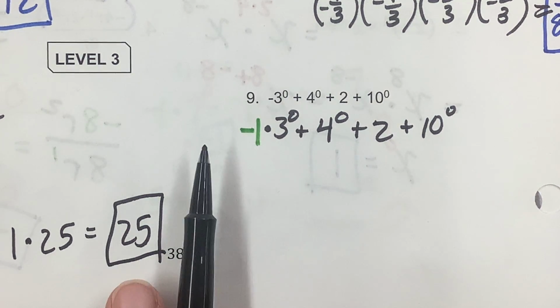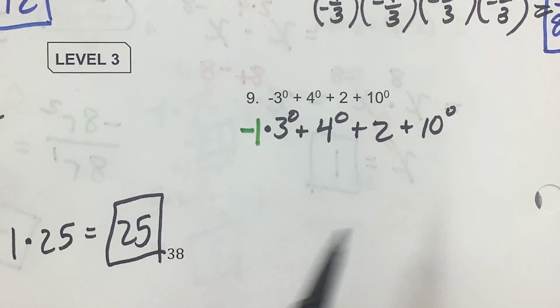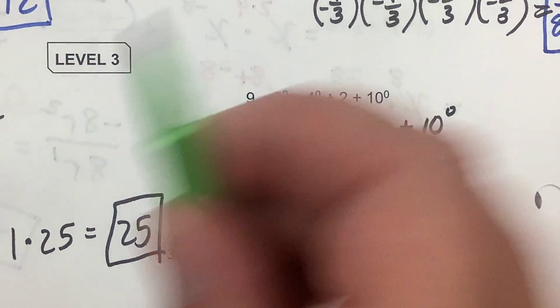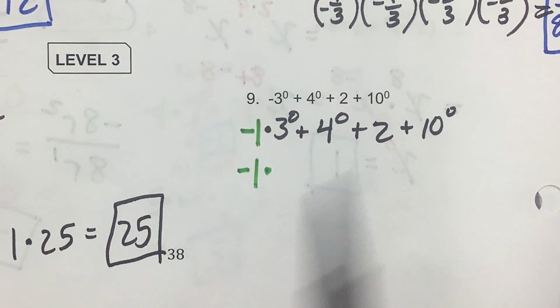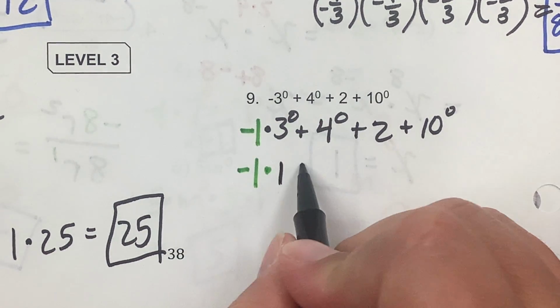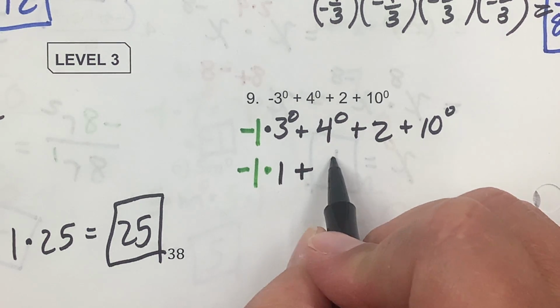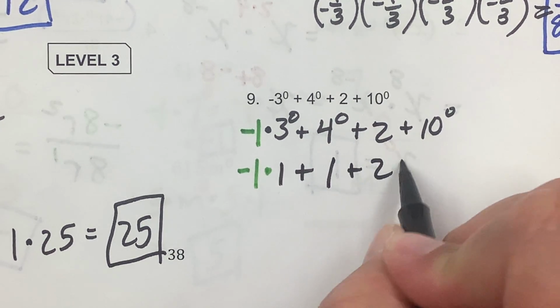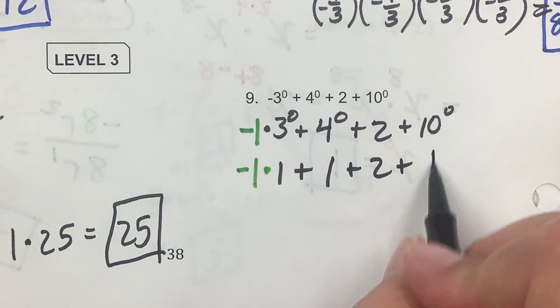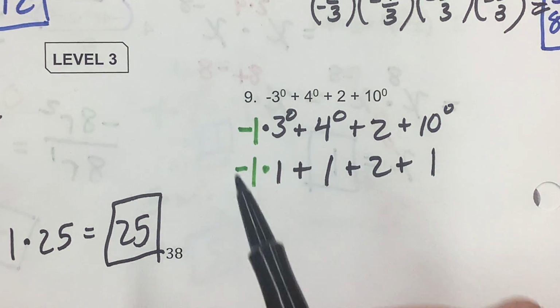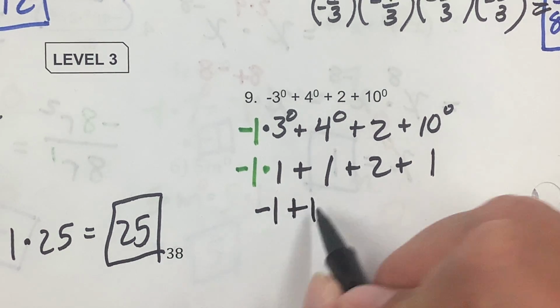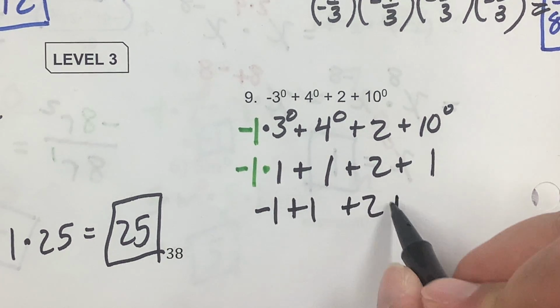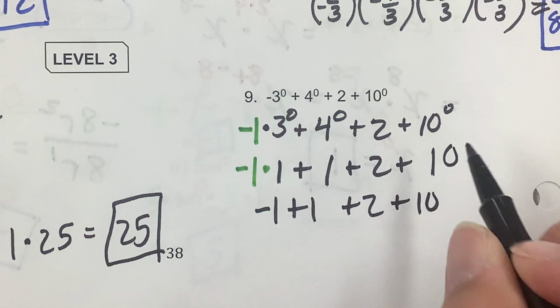All right, so I'm going to change all those 0 powers to 1. So now I have negative 1 times 1, 4 to the 0 power, 1, plus 2 plus 10 to the 0 power, 1. Multiply first, negative times positive, negative 1, plus 1 plus 2 plus 10. Uh-oh. Oh, no, plus 1.